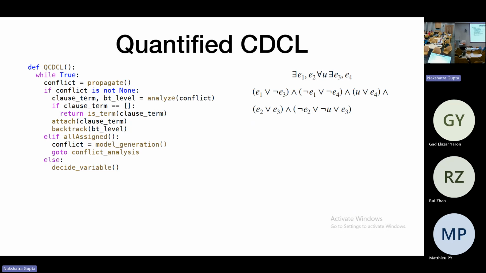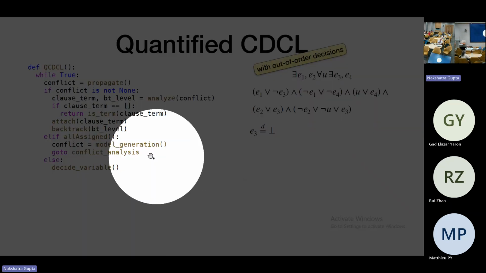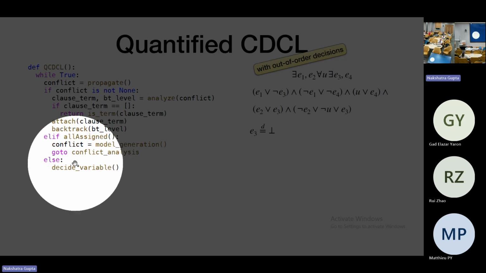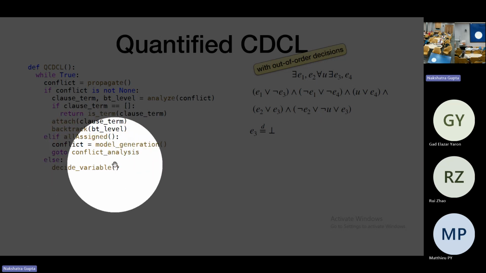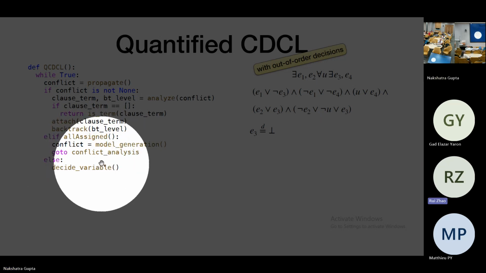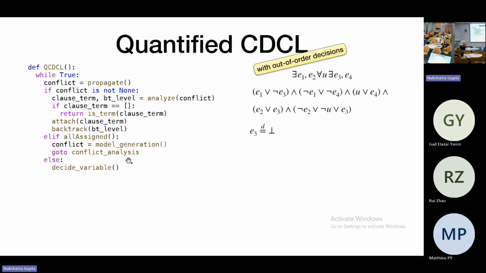Okay, one short slide explaining why we have this restriction on the decision variables that we can choose when we get to a decision. So what I said earlier was, if you're at this point here, so you've propagated, you haven't encountered a conflict or a satisfying assignment, then you have to make a decision.